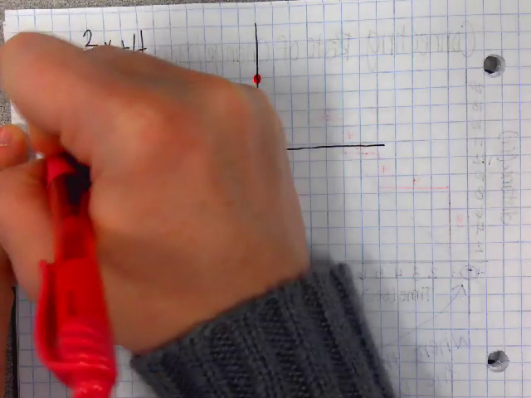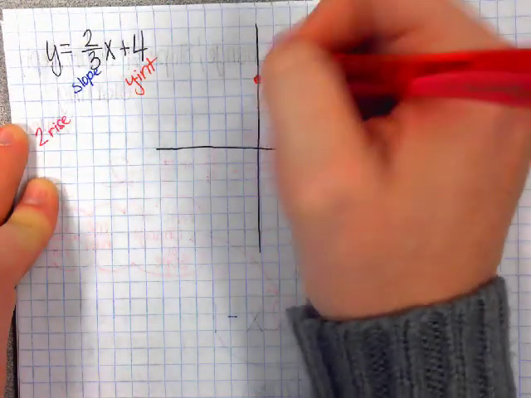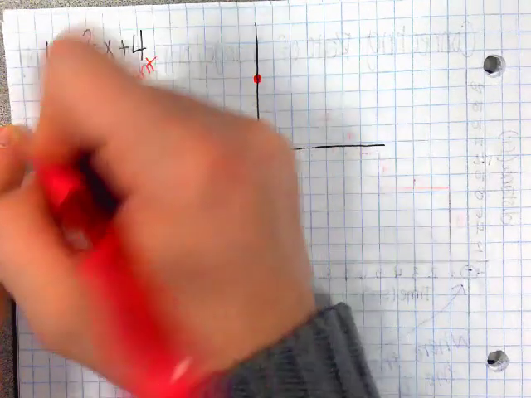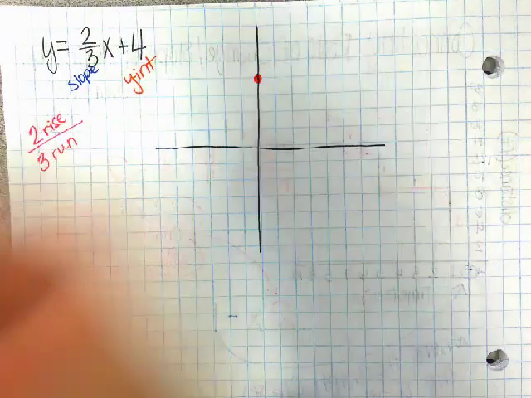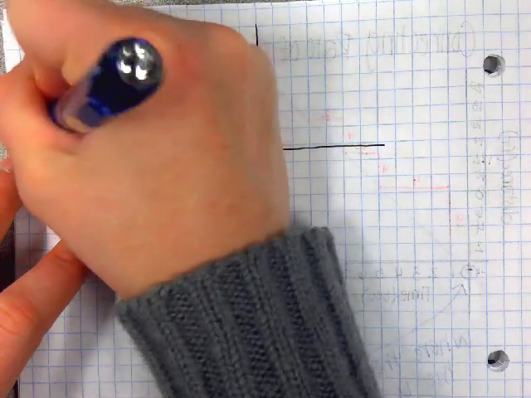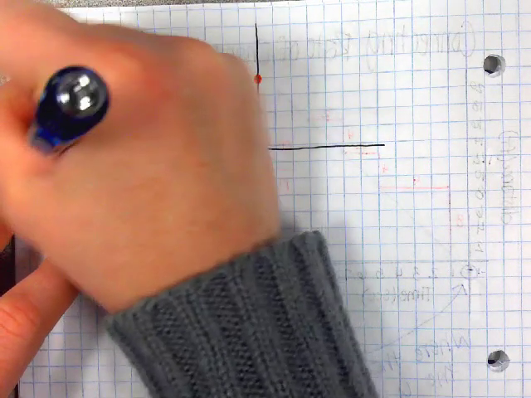And then again, remember how I was talking about rise over run, so 2 is the rise, or how much I change along the y-axis, and then 3 is the run.